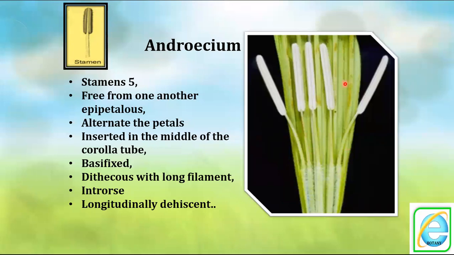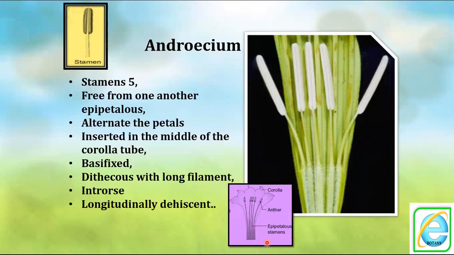They are basifixed, that means the filament is attached at the base. Dithecous, the two thecae or two lobes are present, with a long filament. Introrse, that means these anthers are turned inside, and longitudinally dehiscent. After maturity, the anther dehisces longitudinally.